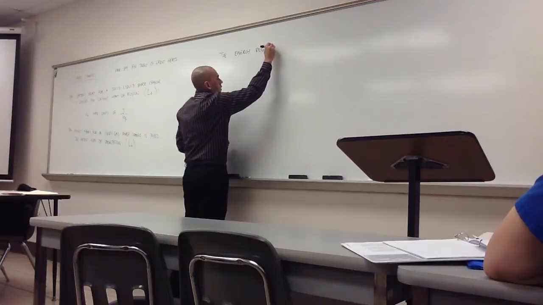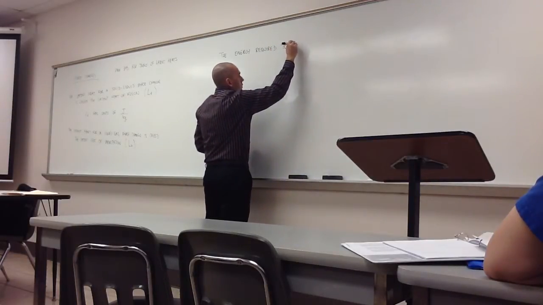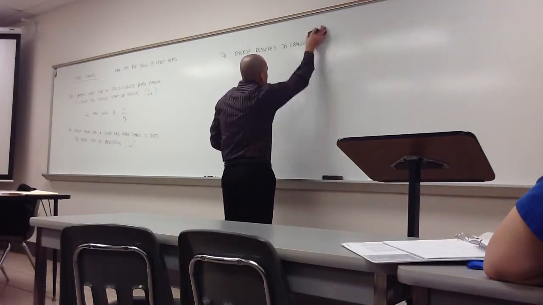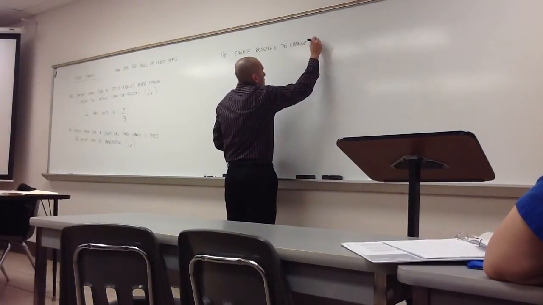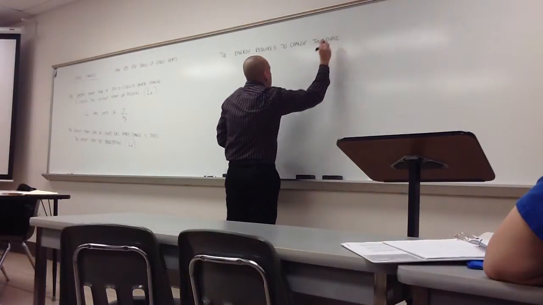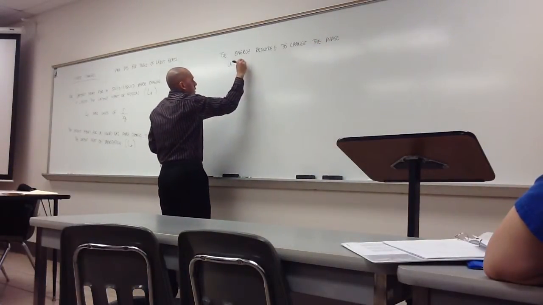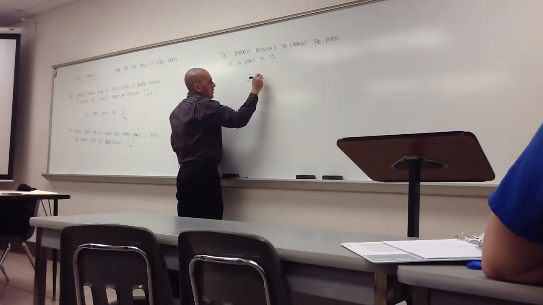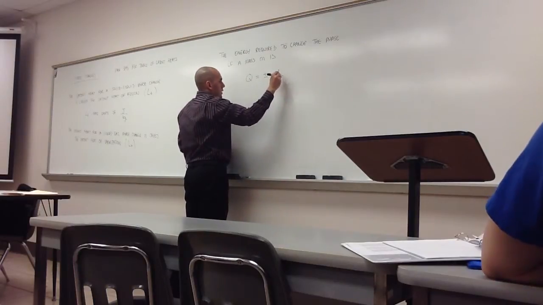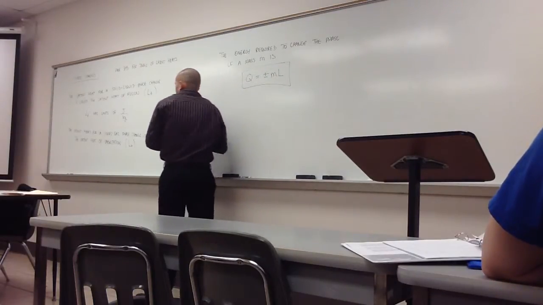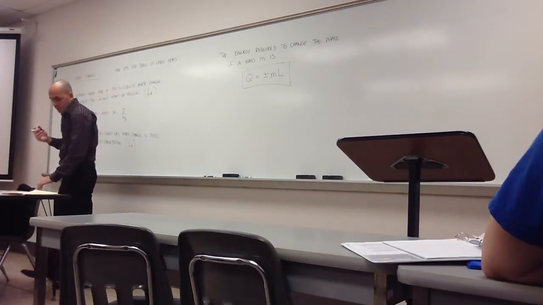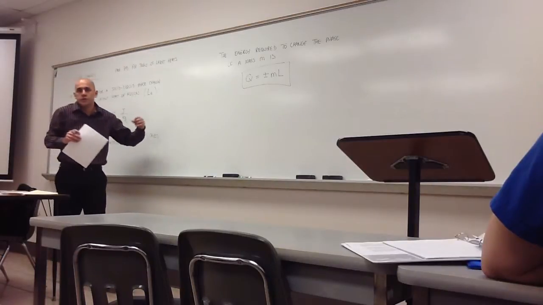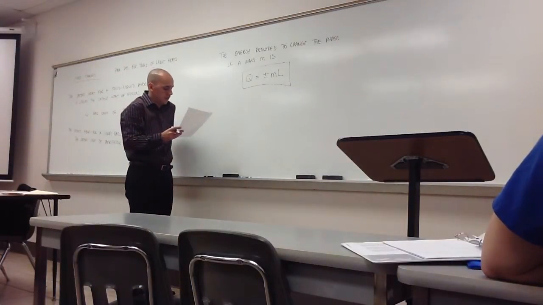So the energy required to change the phase of a mass is Q equals plus or minus m times L. The m is just the mass, the L being either the L_F or the L_V, the latent heat of fusion or vaporization, depending on what kind of phase change you have.